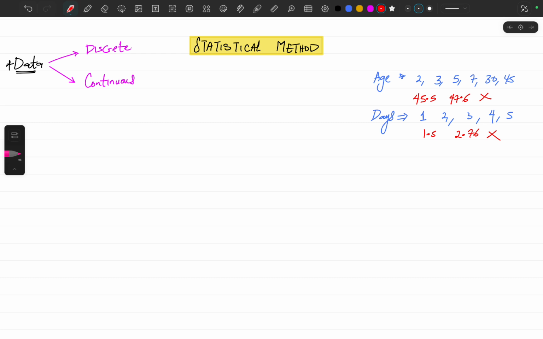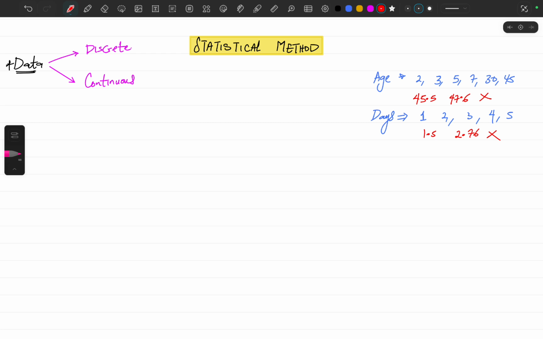So there we go. Now, in most scenarios, if you want to give a discrete variable a definition, the definition should be very clear: that they are data that can assume countable values.